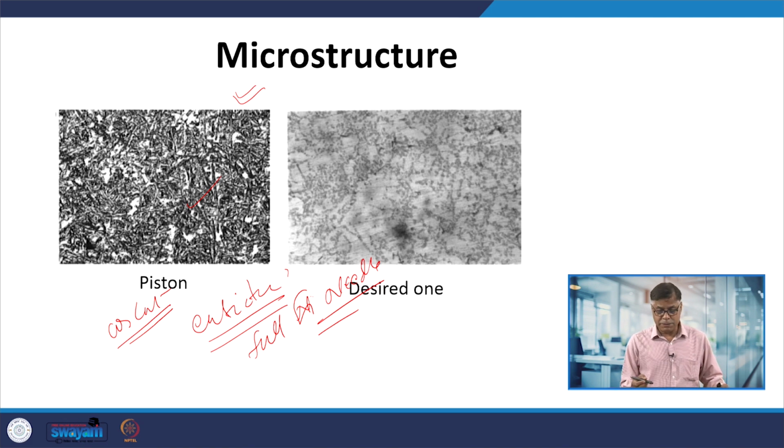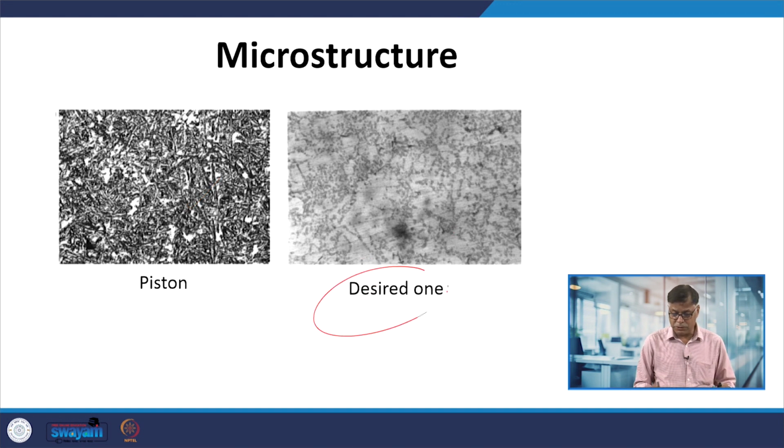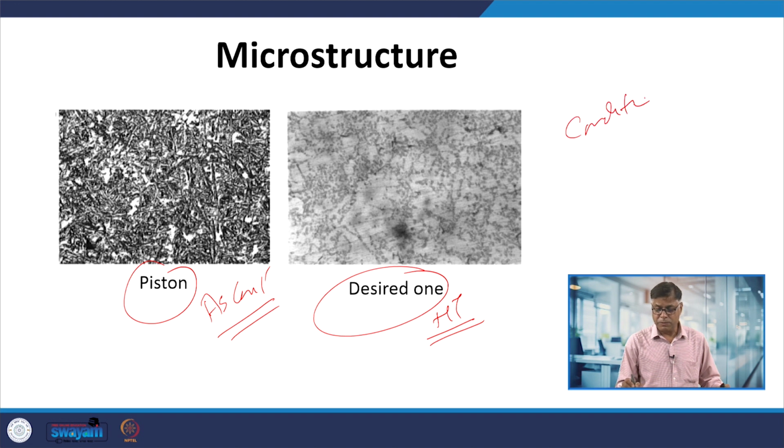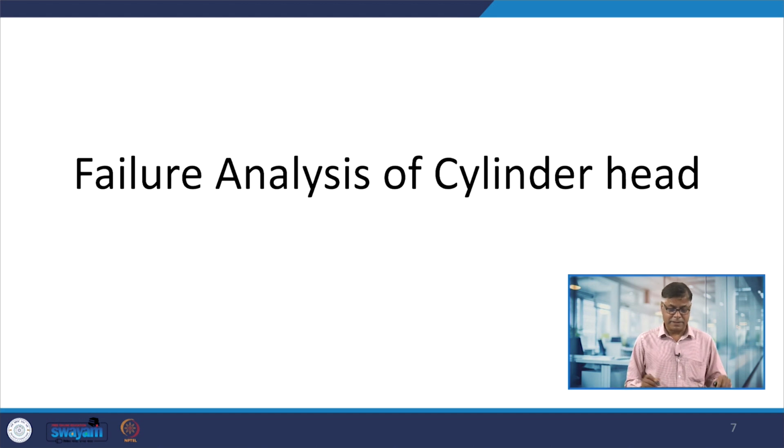The desired, expected microstructure should have very fine, spherical, refined eutectic silicon in the matrix of aluminum, which is obtained through heat treatment only. But the piston which failed was in the as-cast condition, as was apparent from the microstructure. So, this was another discrepancy or weakness observed in the condition in which the piston was being used. It should have been in the heat treated condition, not in the as-cast condition.